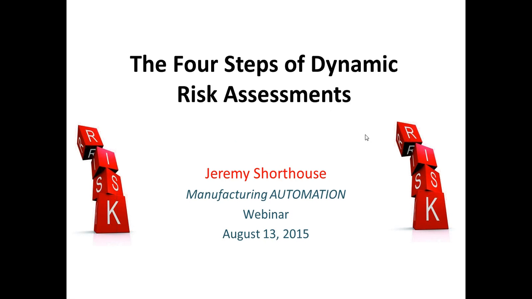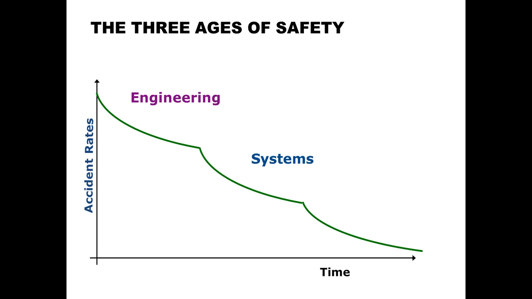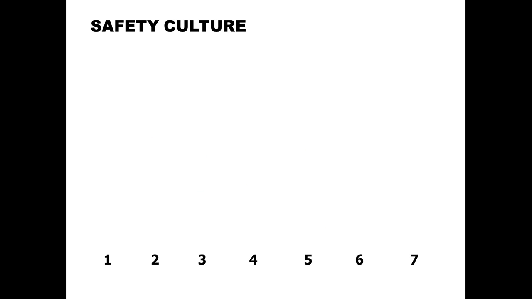I thought we would start off a little bit on the theory. Just to go back and remember, there are the 3 ages of safety. It started off with engineering, as we do have a large group of engineering. Safety then progressed into more of a systems approach.